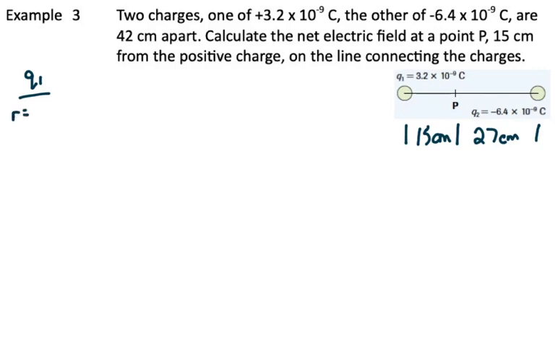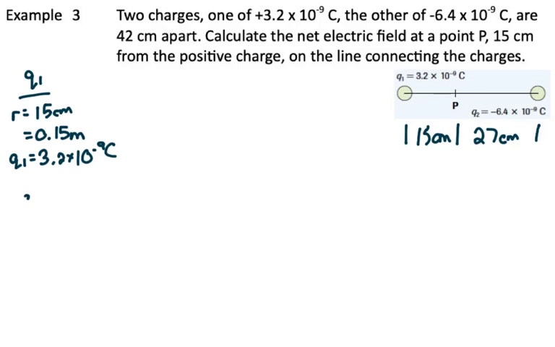We know the distance is 15 centimeters, but to calculate that, we need 0.15 meters. The charge is positive 3.2 times 10 to the negative 9 coulombs. We will need K as well, but we can look that up.